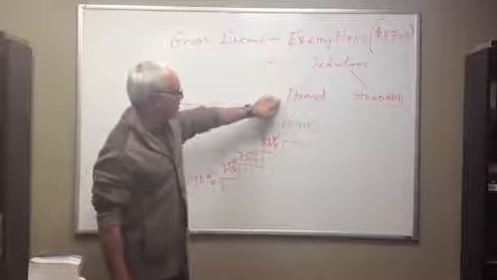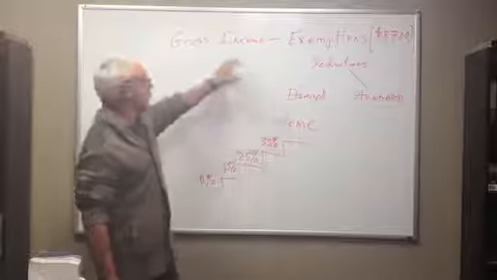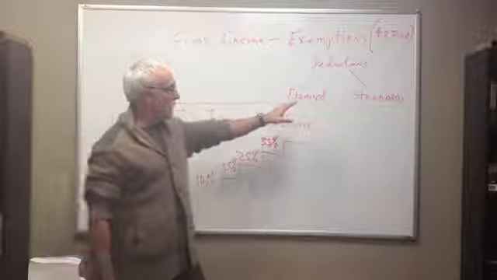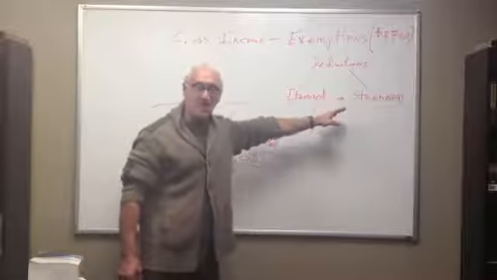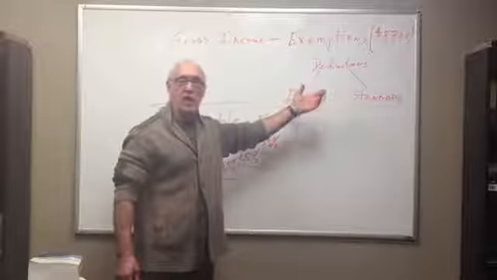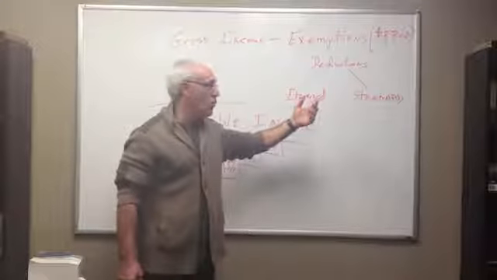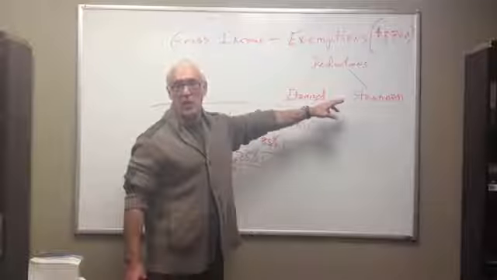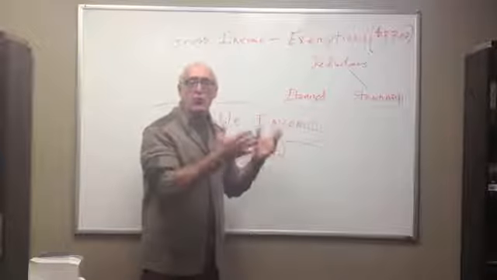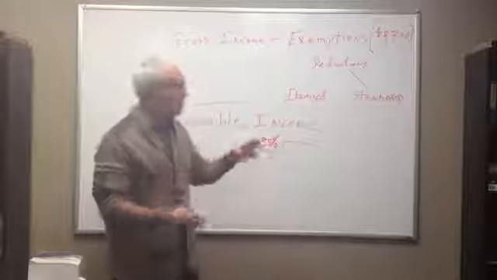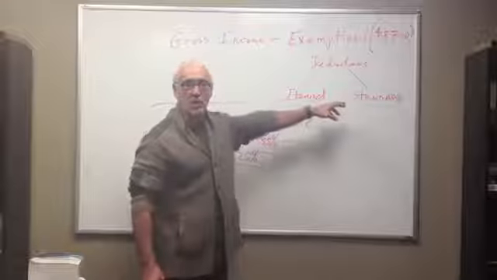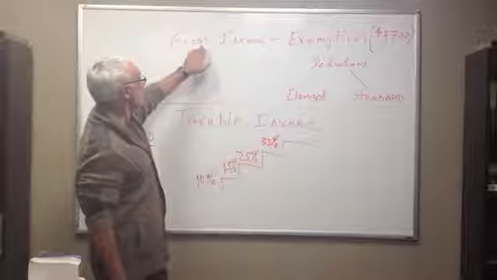Those are your itemized deductions, and they will reduce your gross income. If you don't want to itemize deductions, you can take alternatively what's called the standard deduction. And the standard deduction is the government saying, okay, you don't want to itemize deductions, no worries, we're going to give you a set amount of money which we believe is about fair for those who choose not to itemize deductions. So you take either itemized or standard deductions to further reduce your gross income.